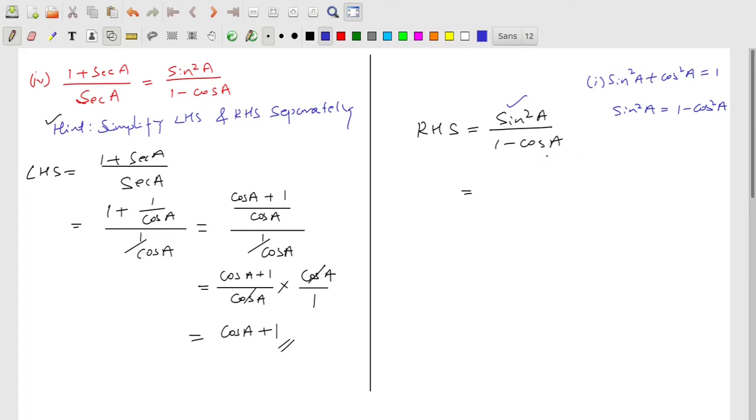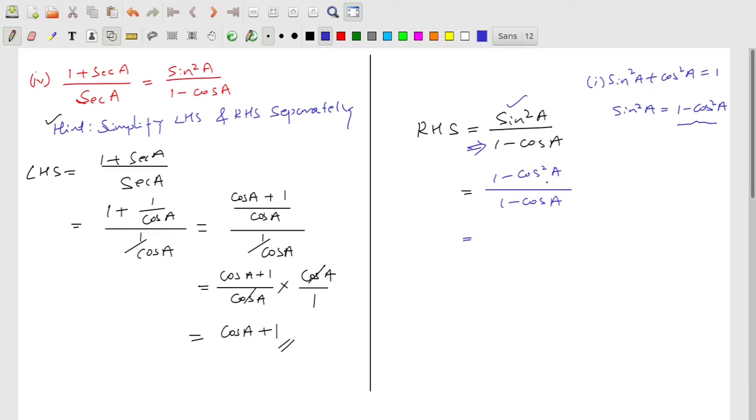Because here we have 1 minus cos A in the denominator, by making this change to 1 minus cos square A, you can cancel out these two. So let me take sin square A as 1 minus cos square A, and 1 minus cos A as it is. Now how to simplify this?